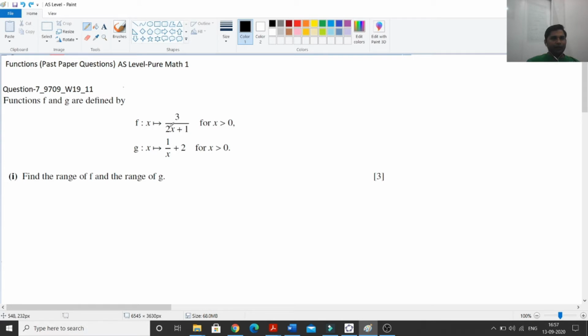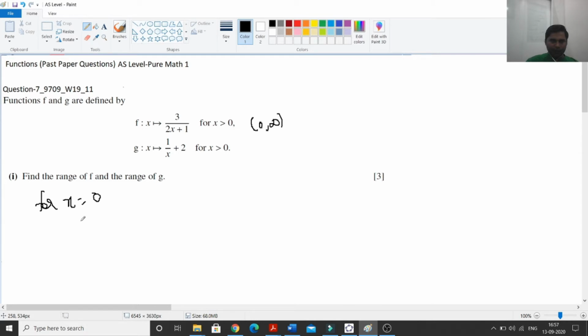So for x greater than 0, it means between 0 to infinity, right? Here we need to find out the range between 0 to infinity. So when you substitute infinity, you will get 0. If you substitute x is equal to 0, you will get 3 over 1.